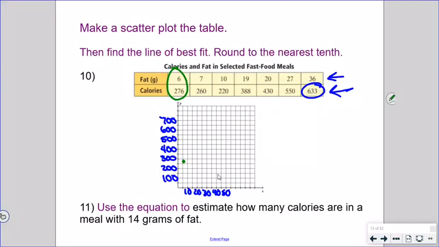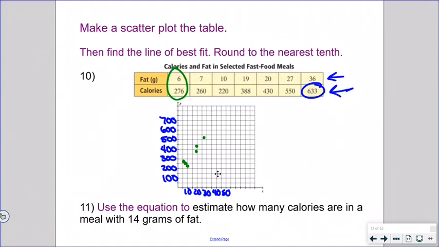All right, very good. Let's fill the rest of this out. 7 and 260 is going to be in the same general area, so something like that. 10 and 220 is going to be right around here. 19 and 388 is going to be something like that. 24 and 430 is going to be something like that. 27 and 550 is going to be way up here.